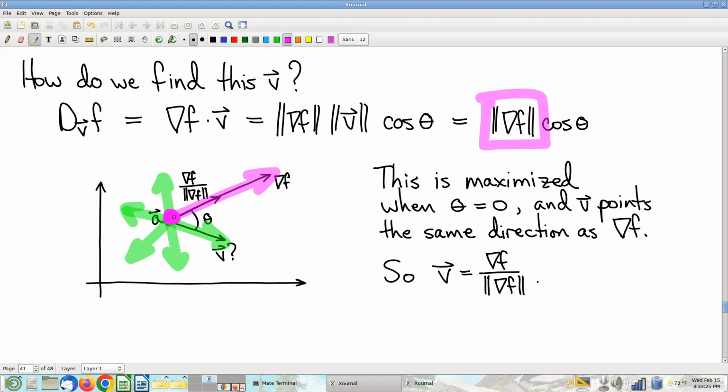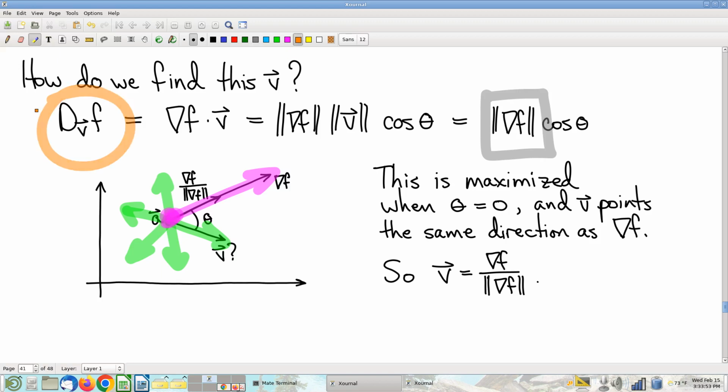I'm still at this same point, I haven't moved yet, so the gradient is not changing. As I contemplate all these different green directions, the point A is still the point A, and the gradient at that point is not changing, so the magnitude of that gradient is a constant factor.